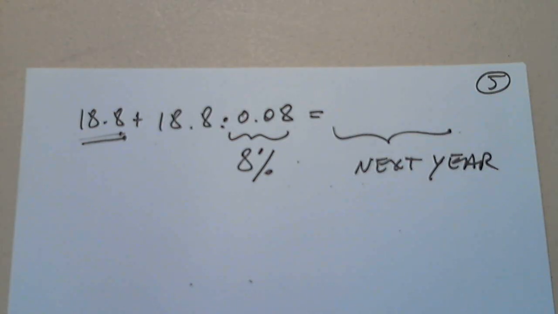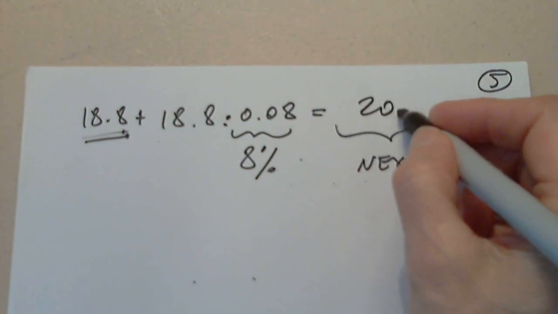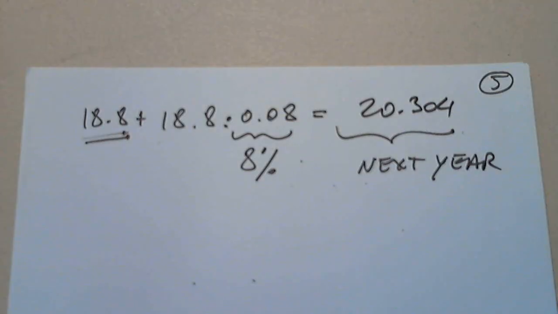Now we have to read the fine print. We got 20,304,000, but we have to see what they want. Round to the nearest tenth as needed. The nearest tenth is simply 20.3, because the next digit is 0. So I will enter 20.3. And that is it.